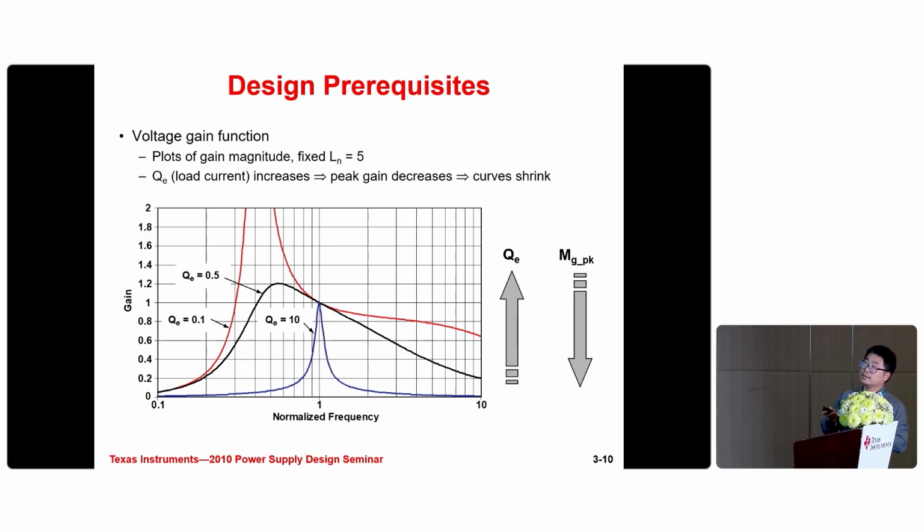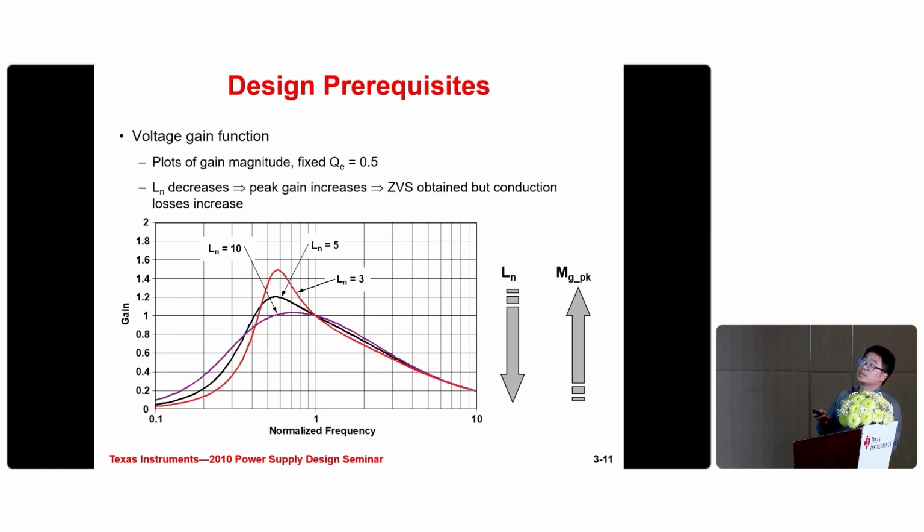We can see that when the QE increases, which is also when the load current increases, the peak gain will decrease, right? The peak gain will decrease. This is very important. We should remember this.